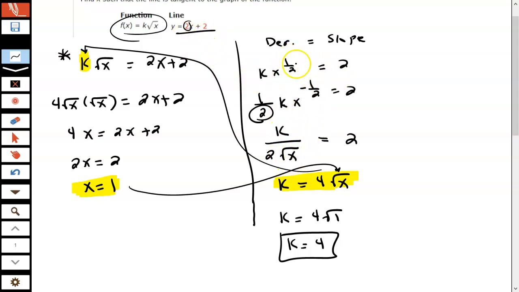I found the derivative of the function, which, when I simplified it, gave me k equals 4 times the square root of x. So I came back over to the left side here and replaced k with 4 times the square root of x, and simplified to find that x equals 1. And then I bring this 1 over, replace x to find the value of k at that particular point.